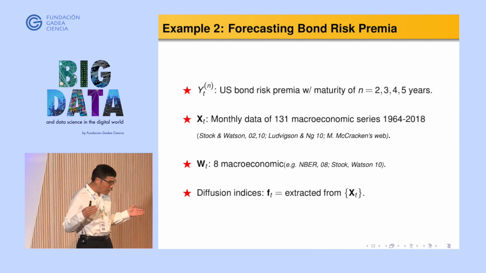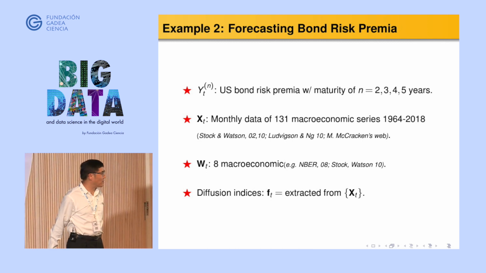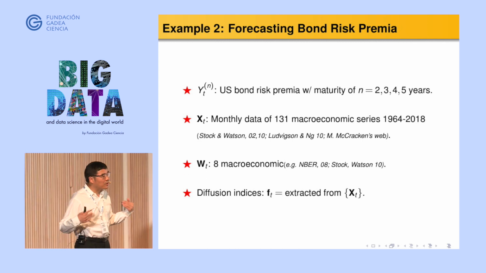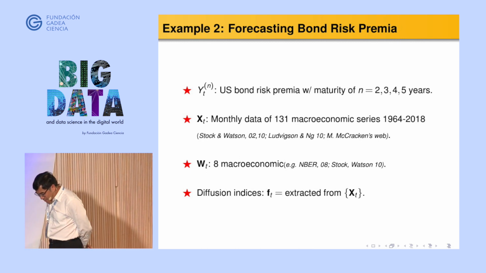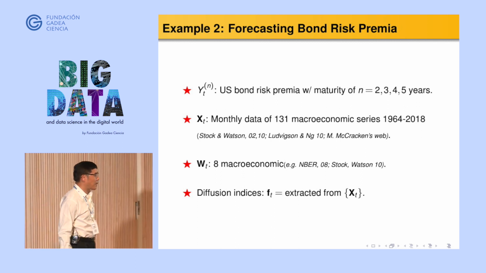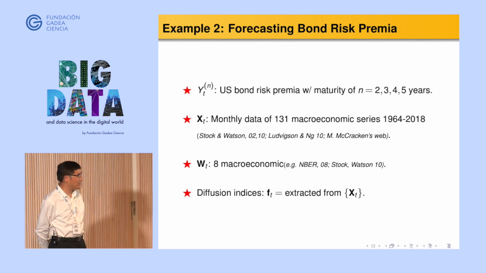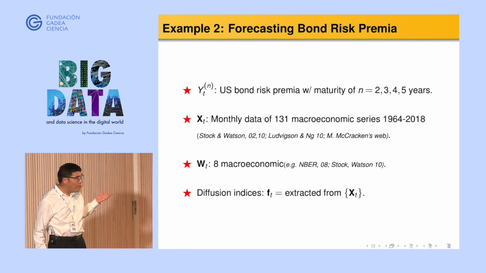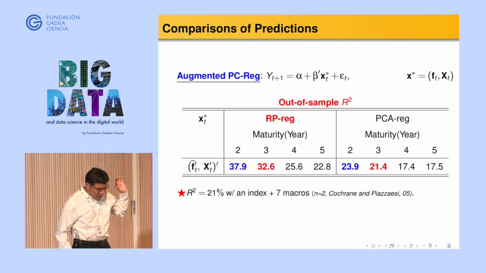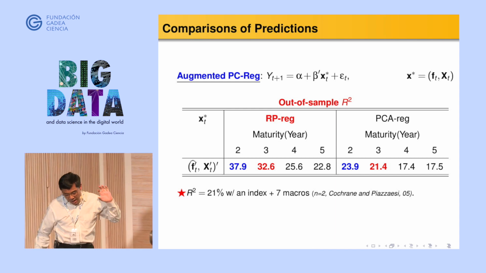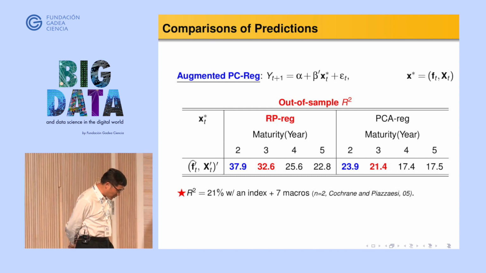And then the typical way of doing principal component regression, which Jiwei was talking about, and my colleague Mark Watson called diffusion index, basically says, from 131 disaggregated macroeconomic time series, you extract, let's say, latent factors, let's say 5 of those latent factors. So now I run augmented principal component regression, so I have 5 latent factors plus 8 augmented variables, 8 macroeconomic time series.